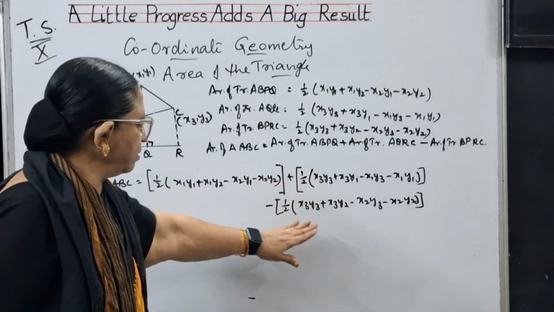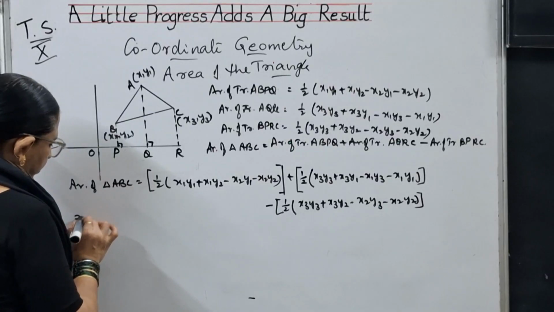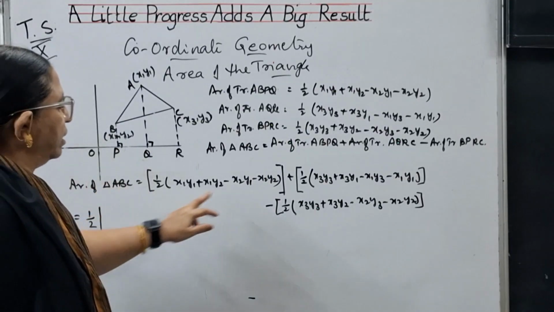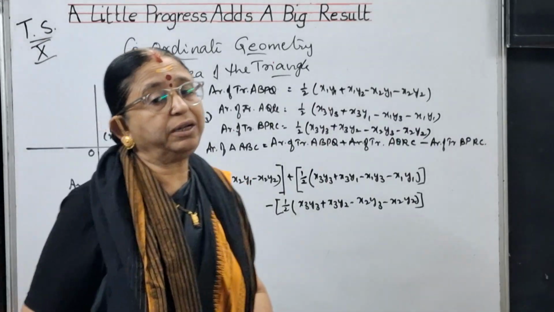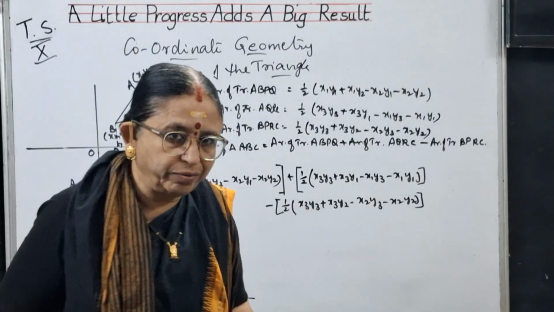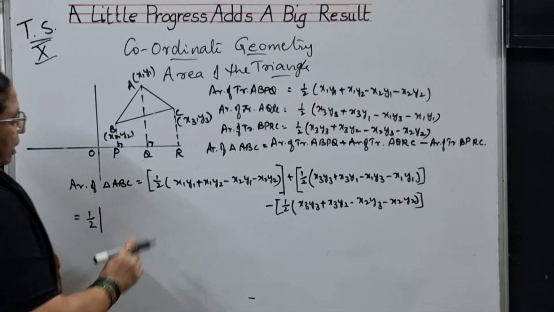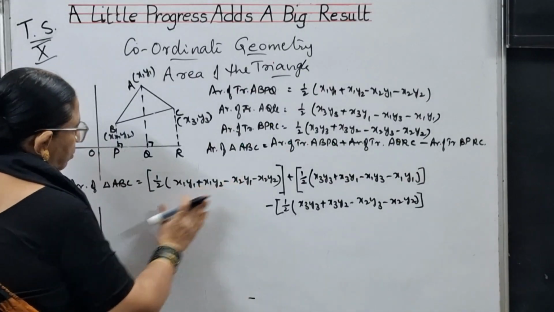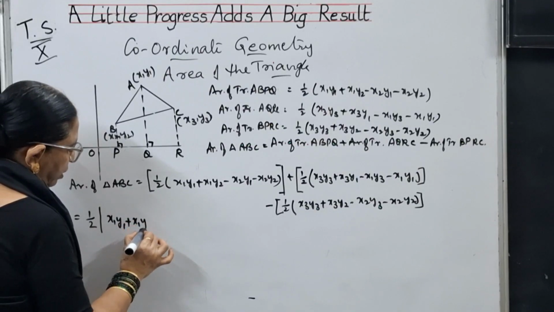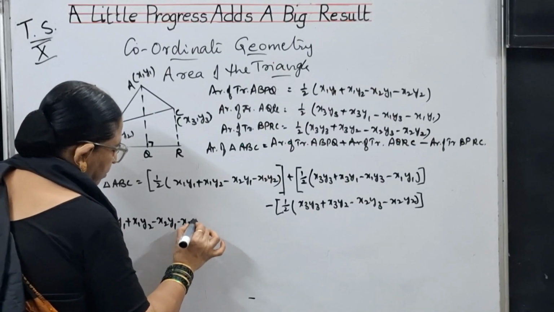Now in these cases, children, half is common. So let me take half out. Half, then I am writing modulus instead of brackets. Why am I writing modulus? Because the area of a triangle should always be positive. It can't be negative. So I have to take modulus. Then half I have already taken. Let me copy this: x1 y1 plus x1 y2 minus x2 y1 minus x2 y2.